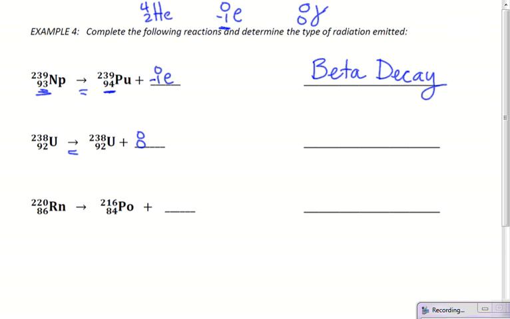It's going to be this last one, and that's going to be gamma, but do not put gamma decay. Decay indicates that we're changing it into a different element and that it's losing mass or matter, which in this case, all it's doing is giving off energy. So it's going to be gamma radiation. Alpha and beta are both decay, but gamma is radiation only.